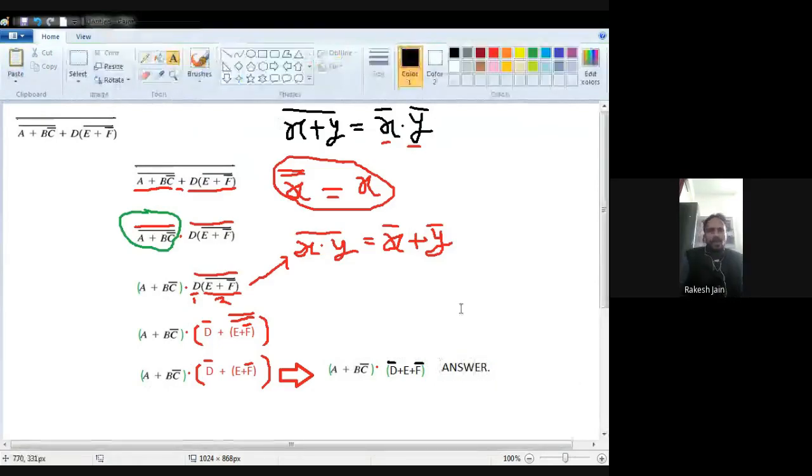So this is the final solution, the answer of this question. Now no further simplification is there.